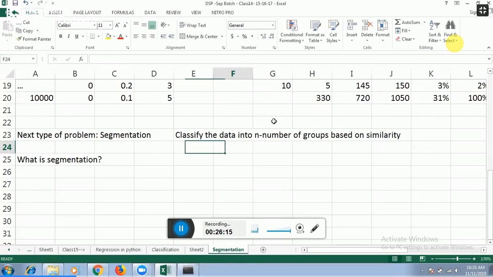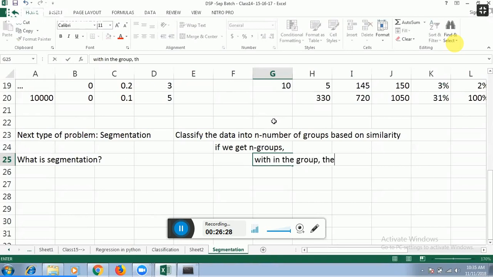What does that mean? If we get n groups, within the group there is a similarity, and between the groups there is a dissimilarity.